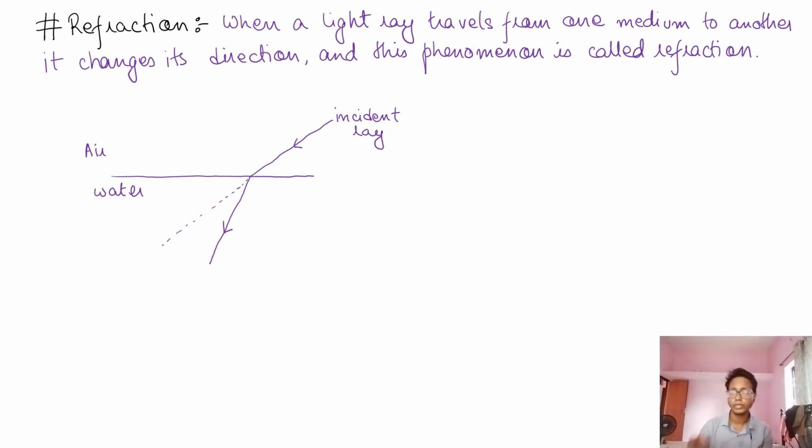Okay, so in refraction of light, we'll learn a few parameters to understand refraction. The first parameter is the normal line. The normal line is nothing but a line drawn perpendicular to the surface.